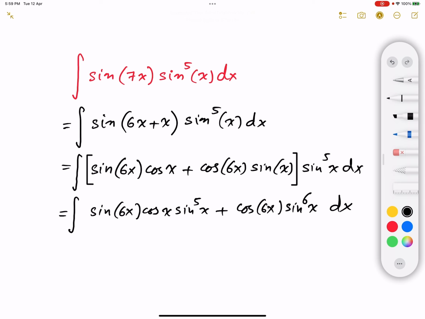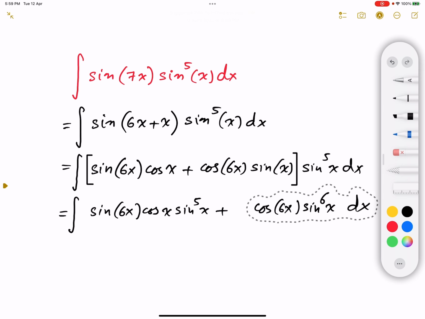And what we can do here is split the two parts into two separate integrals. So we have now two integrals.